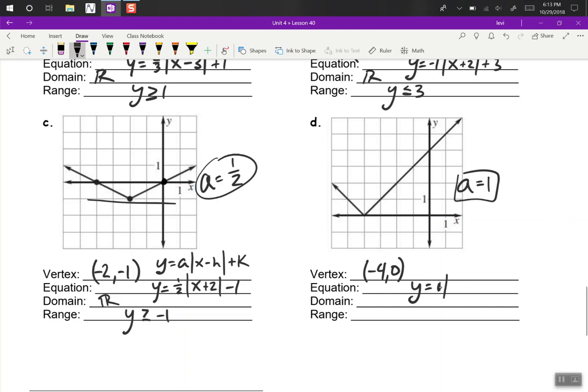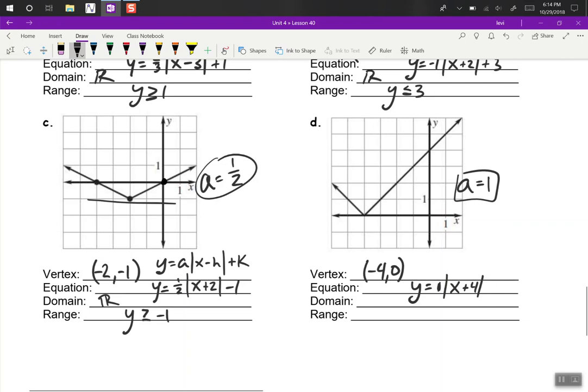If I don't write anything there, it's assumed that there's a 1 there, because you think of that as distributing into this absolute value multiplication. I can multiply by 1 and not change my equation. And so x minus, and then our x value is negative 4, so minus a negative 4 turns that into a plus 4, and then plus k is plus 0.